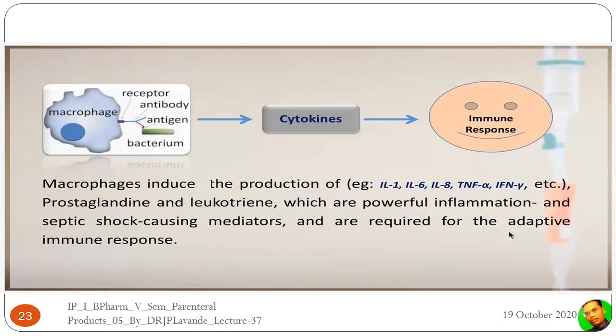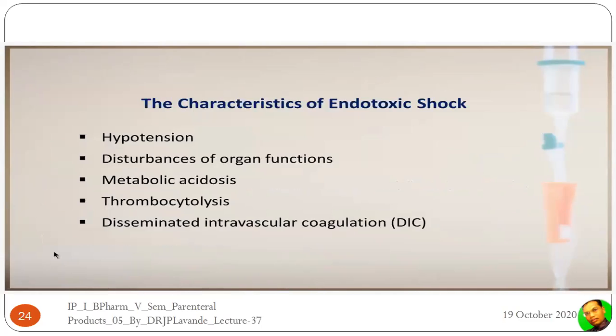The different cytokines, like interleukin, prostaglandins, leukotrienes, are responsible for powerful inflammation and are septic shock causing mediators, and are required for the adaptive immune response. So it is very important not to have pyrogens in the product.